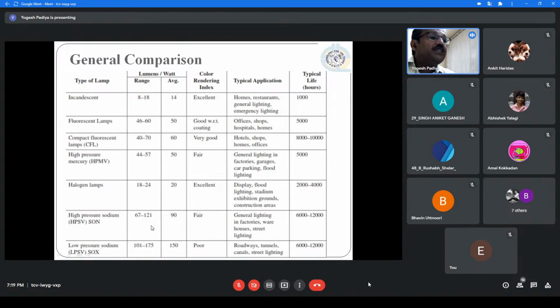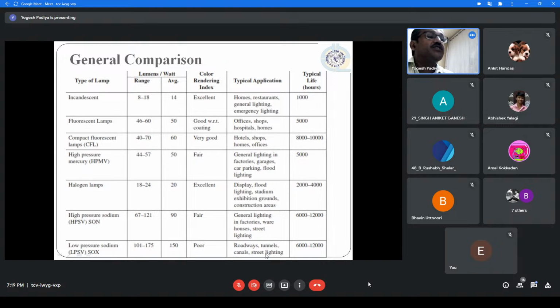So which light you use depends. If you use a low pressure sodium bulb, it gives more light per watt consumption. However, its CRI is very low.